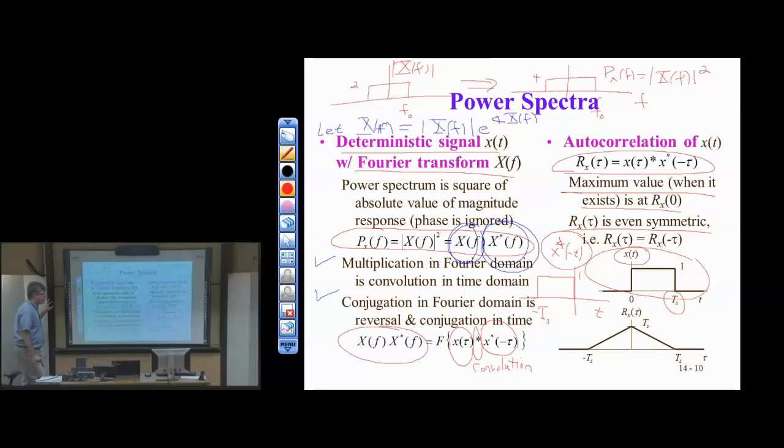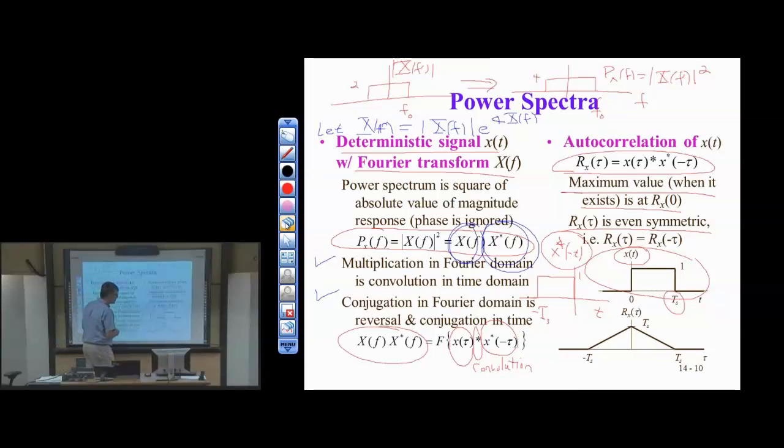If I don't have any shift, I want to shift left to right. So I'm convolving these two signals.